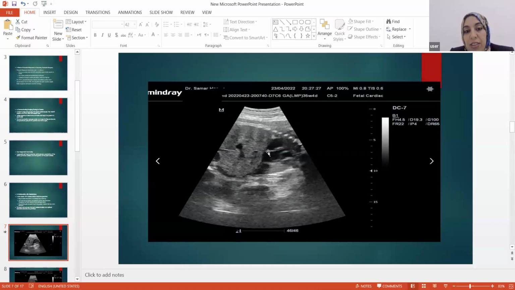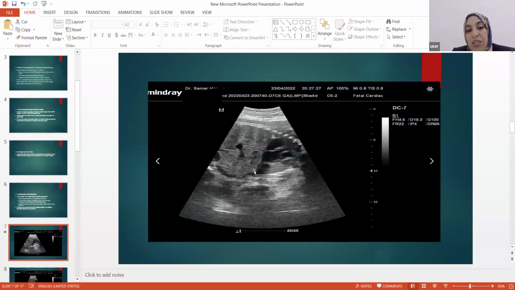By examining the fetus, there was a small cystic lesion here in the lung. There was a very small defect in the diaphragm. Maybe in this image, because the resolution of the machine is not that good, but I suspect that there was a small defect in the diaphragm.